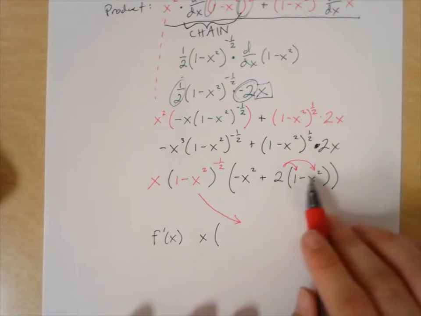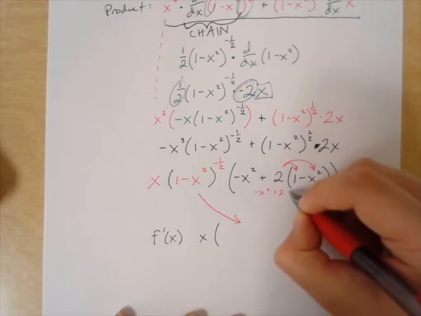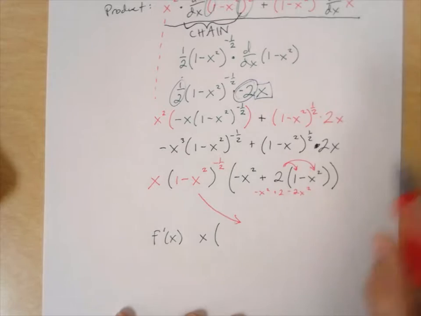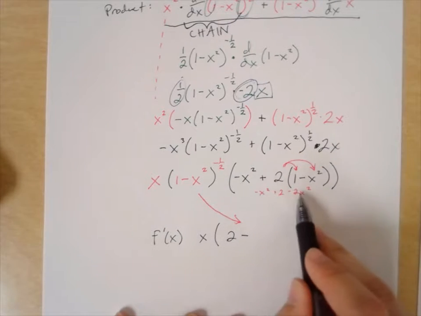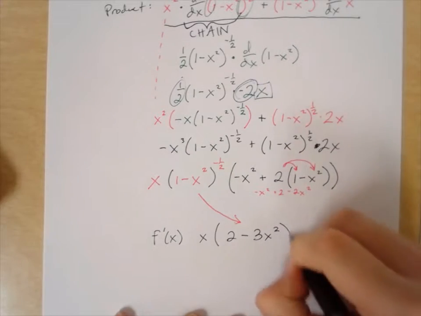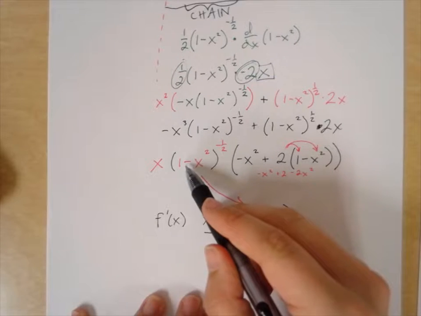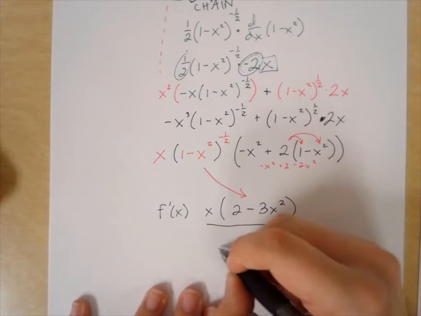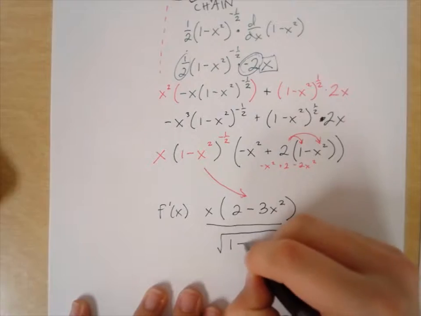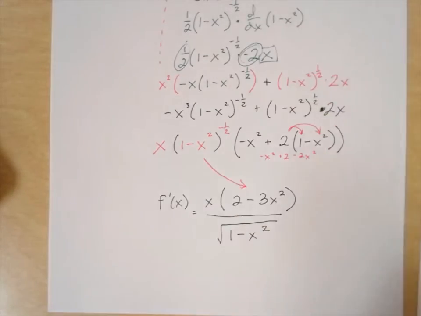So what we have going on in here is a negative x squared plus 2 minus 2x squared. So what we have then is a 2 minus a negative 3x squared. And then on the bottom, like we talked about before, we have now the square root of 1 minus x squared. And that is our final answer.